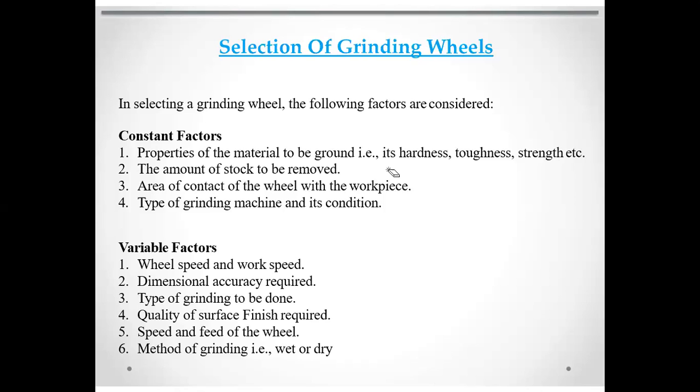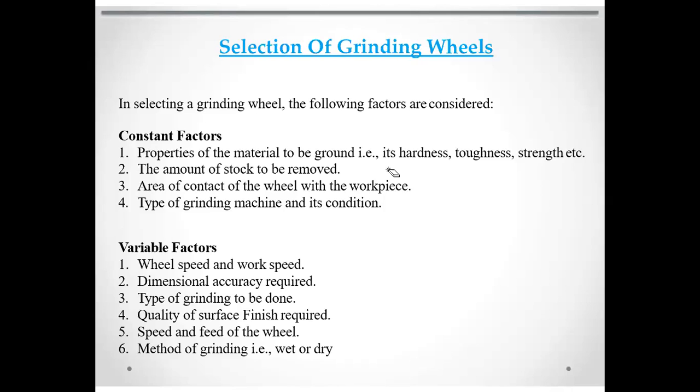For example, in welding, whatever weld bead is formed on the surface at the joint of the two workpieces, you use grinding to remove that excess material. That is removal of material, which means you need a higher material removal rate.